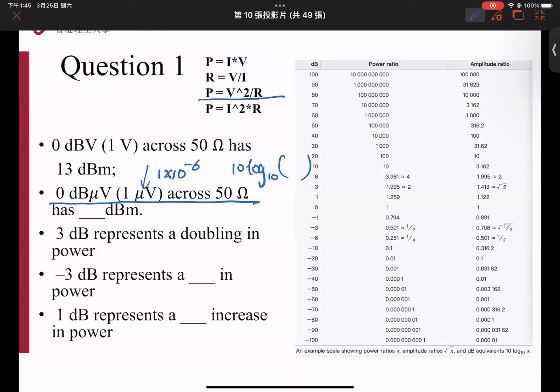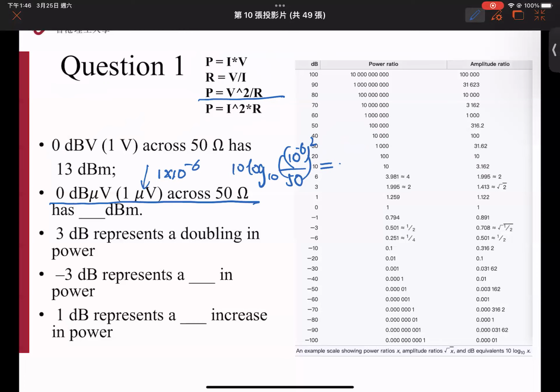We will have the minus 6, but we have a square here and the denominator should be 50, so we will get this. It's a really complicated equation, so let me just tell you the answer. If you have a calculator, how much will this result be?